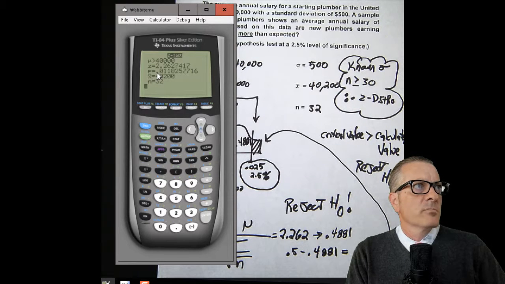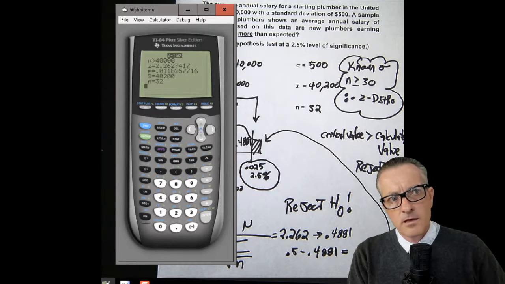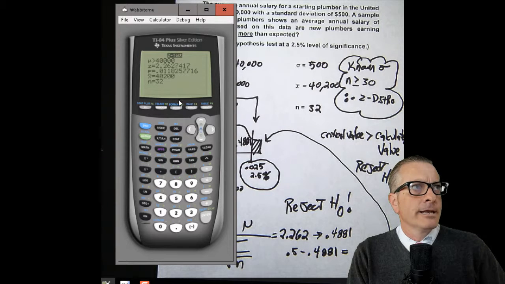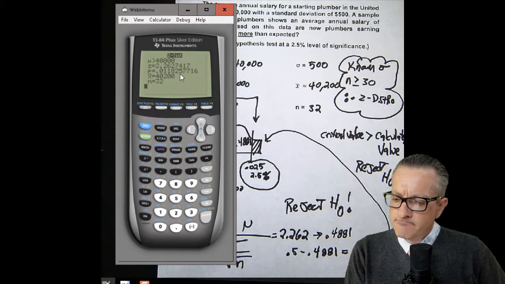And then our p-value is 0.0118. We got 0.0119, so we know that we're on track, and everything looks good. But like I said, this is slightly more accurate. Okay, and thank you for watching.